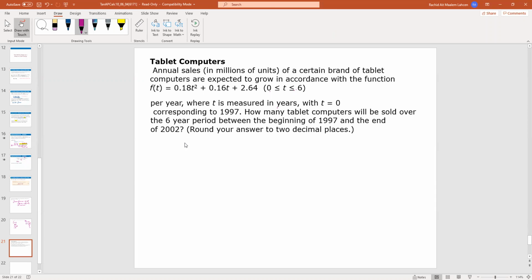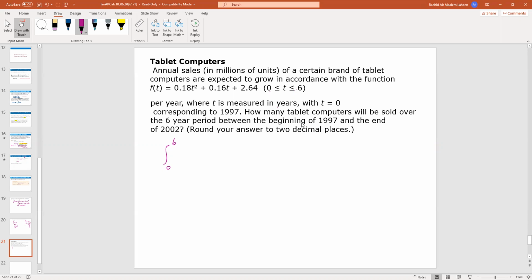Okay, so hopefully you thought about it and you're ready to calculate this thing. So we have an integral from 0 to 6, because how many tablet computers will be sold over the 6-year period. It's not at the 6th year, not at the 5th year, but an accumulation from 0 to 6 years, a total being sold.